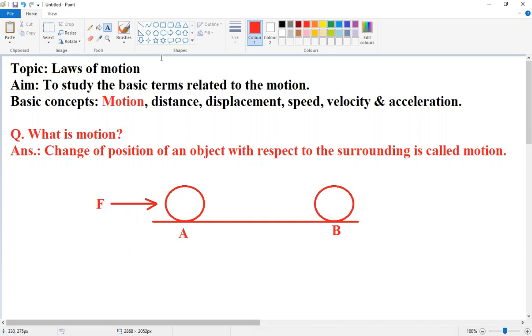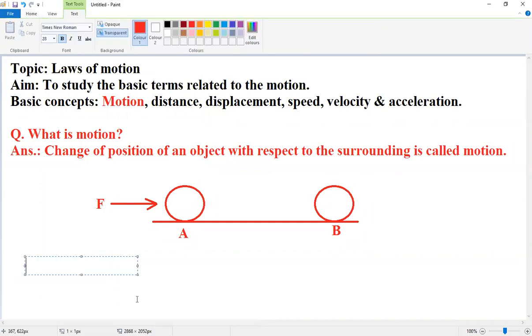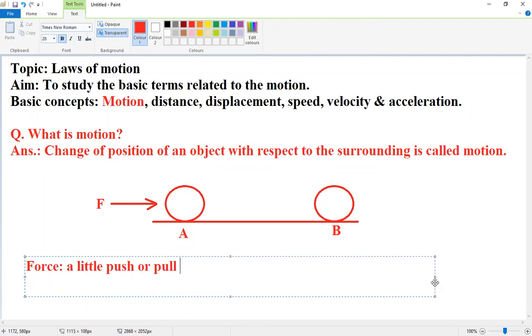Now we all are familiar with the concept of force, right? Yes, sir. We know what is force, right? So in a simple way, we can define force as a little push or pull which causes motion to the object.